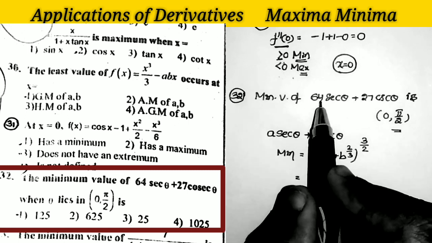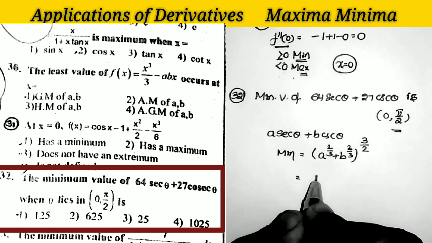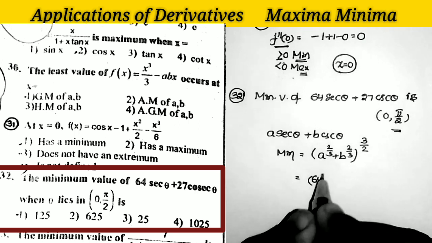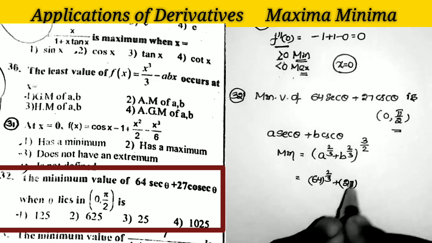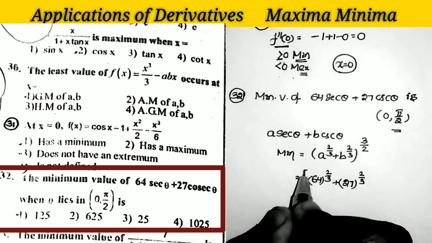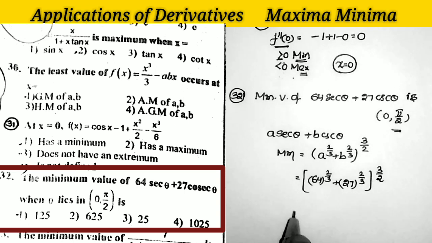What are the a, b values? a is equal to 64, so 64 power 2 by 3, plus what is the b value? 27, 27 power 2 by 3, whole power 3 by 2. This is the direct formula for finding the minimum value of the given expression. So this is 4 cube, 4 cube power 2 by 3, that is 4 square, equal to 16.